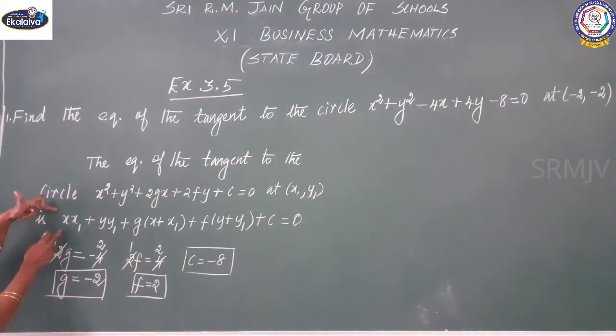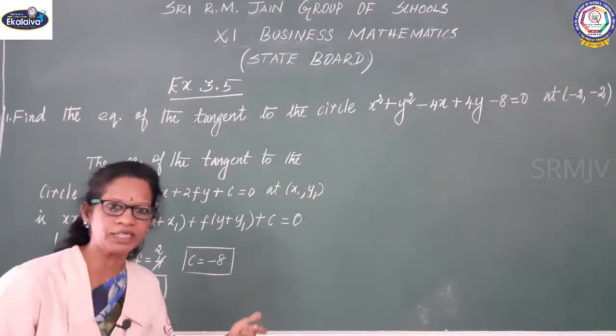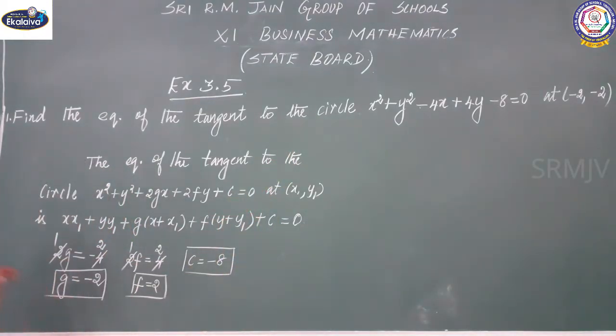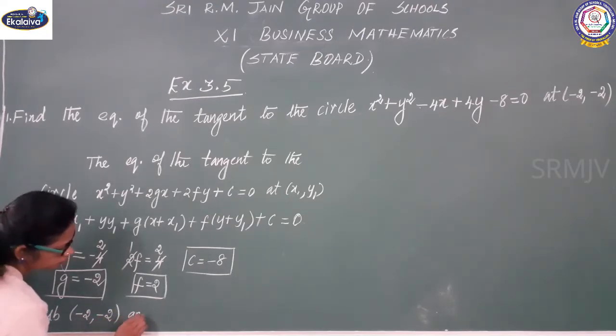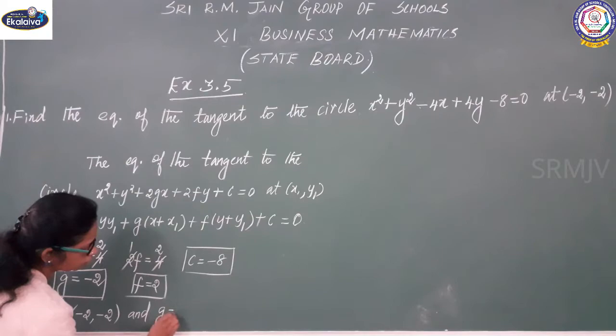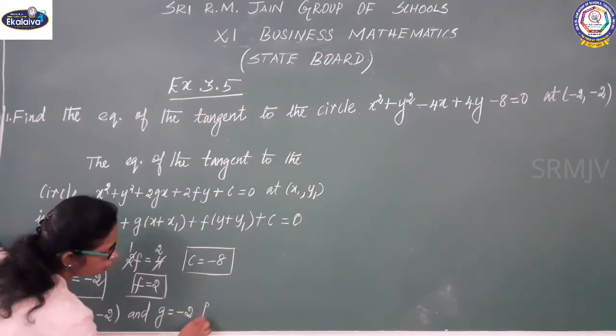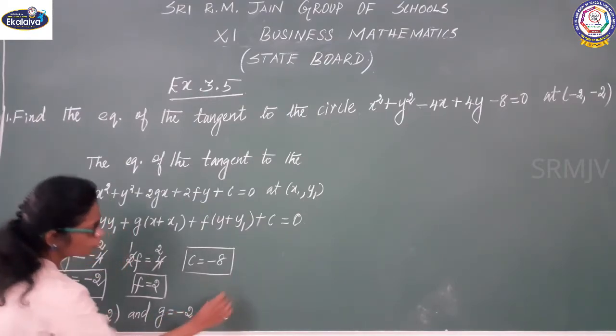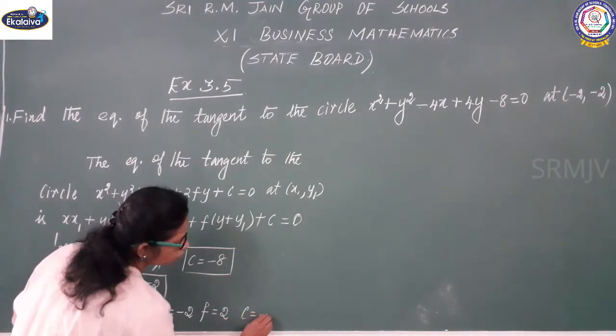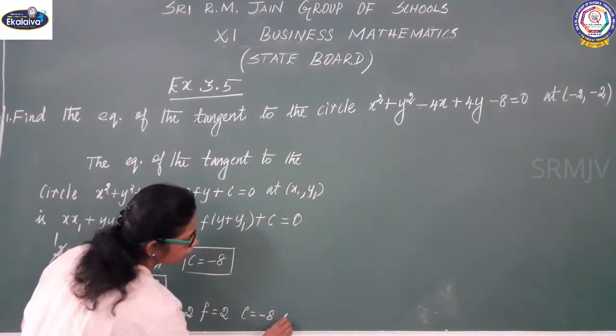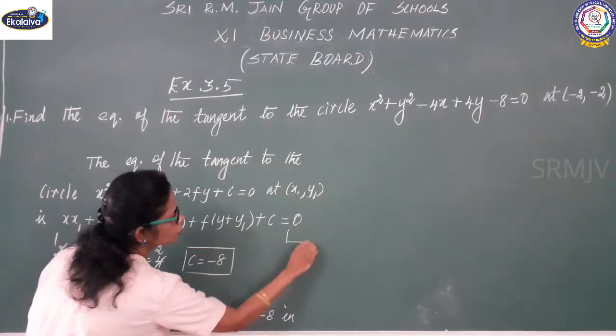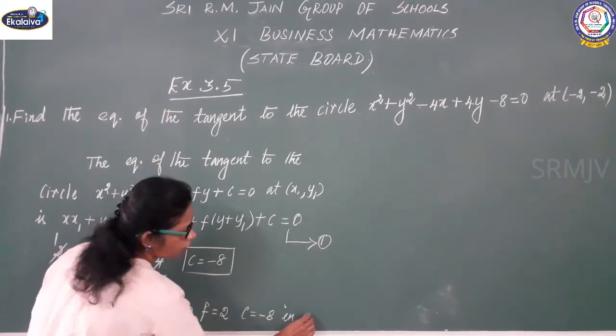You have to substitute in this equation, then you arrive at the result of the equation of the tangent to the given circle, right? Substitute minus 2 comma minus 2 and g is equal to minus 2, f equal to 2, c is equal to minus 8 in this one, which you should represent as equation number 1, right?